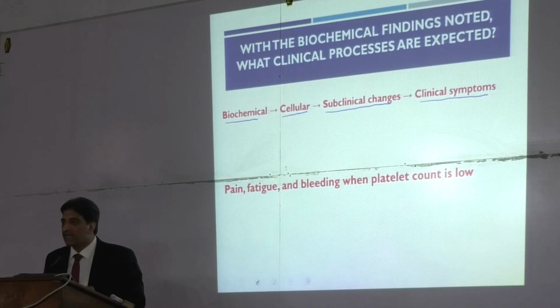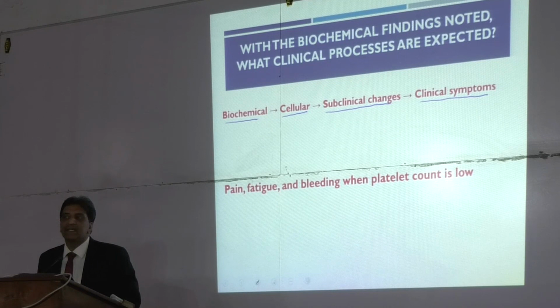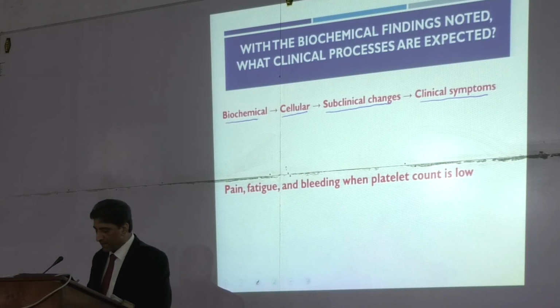You need tests of the bleeding profile. Bleeding profile means how much is the bleeding time? How much is the clotting time? For assessment of that, we perform prothrombin time, APTT and INR, International Normalized Ratio. So these are the tests.